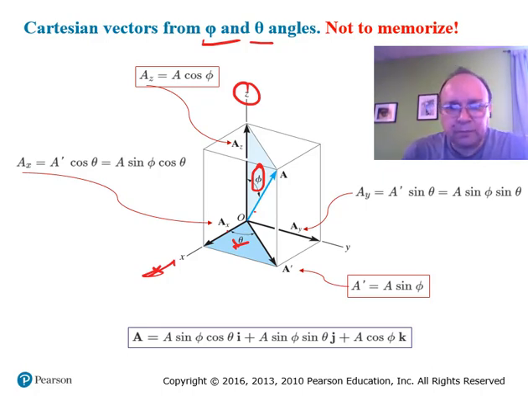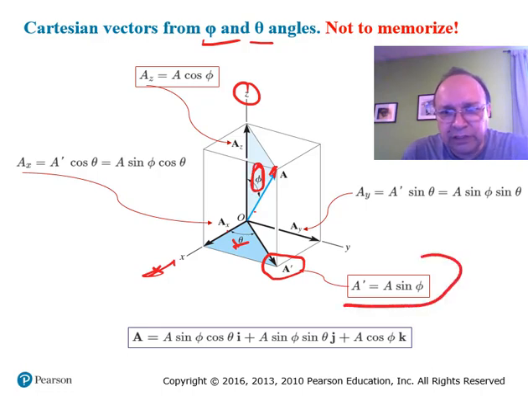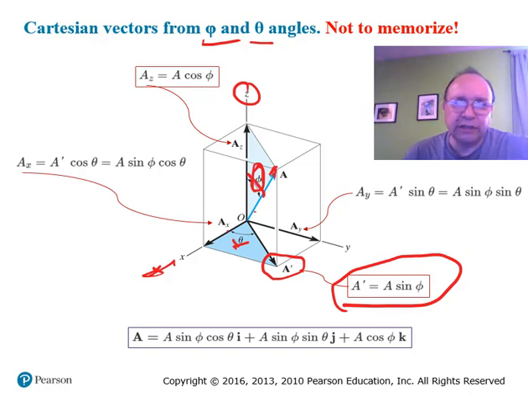Well, this A prime, which is the projection of your vector in the xy plane, you can find it based on the magnitude of the vector by the sine of phi. With this expression here, A prime will be A sine of phi, phi being this angle here.